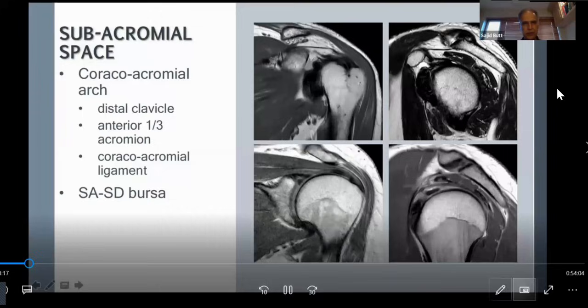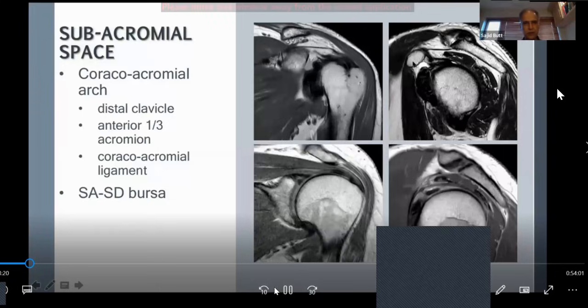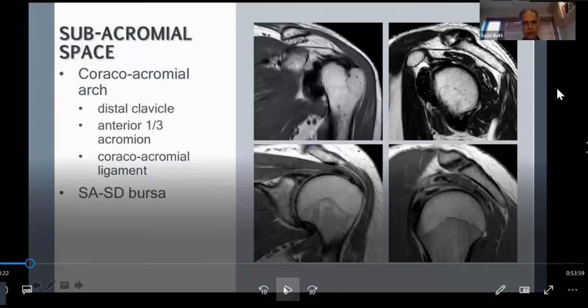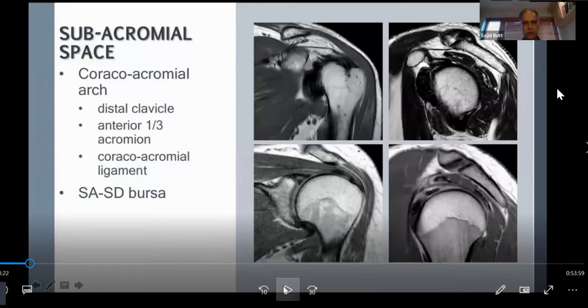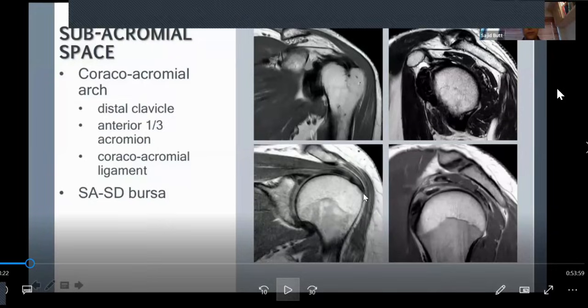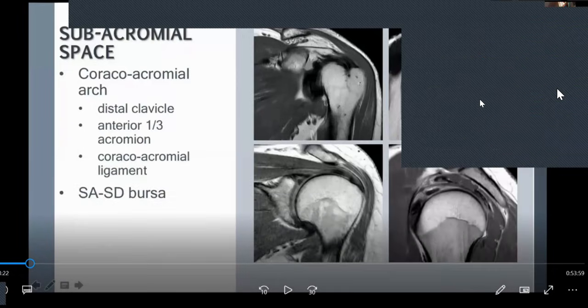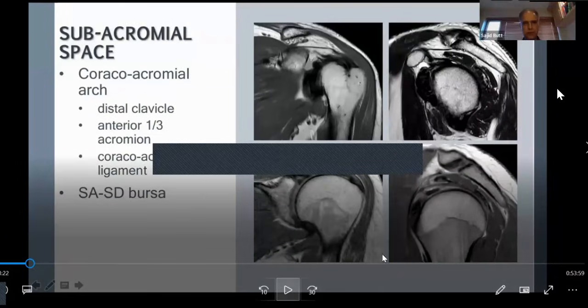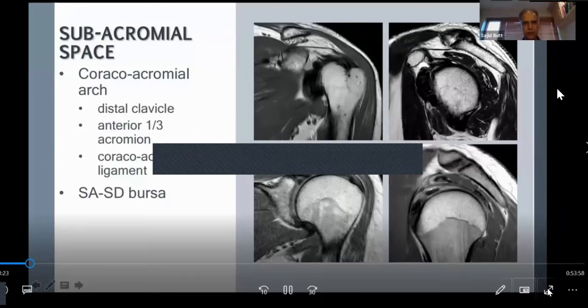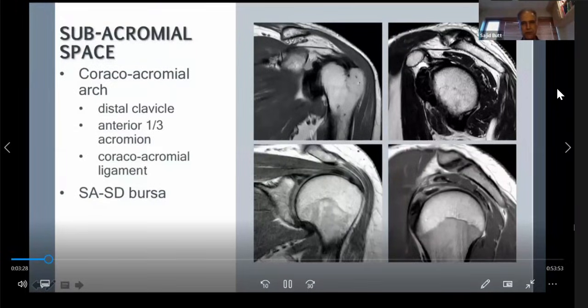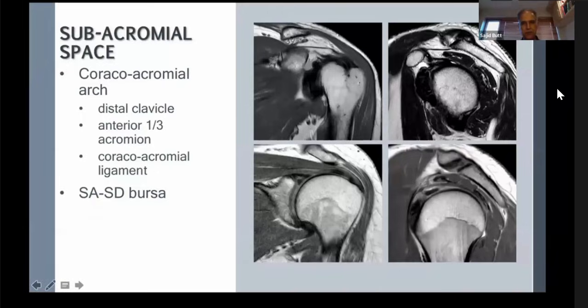So together, these structures, distal clavicle, the anterior third of acromion, and the coracoacromial ligament and the coracoid process, they form the superior margins of the subacromial space.